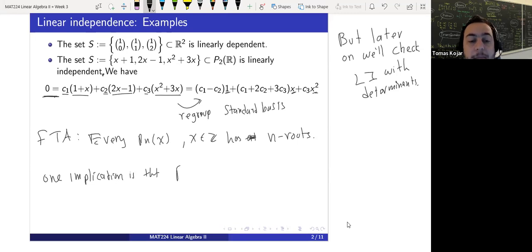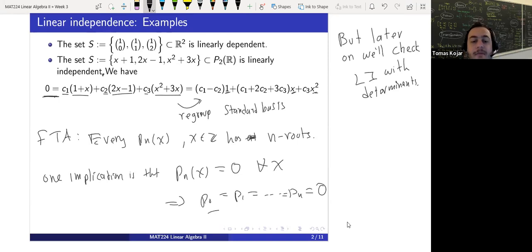So one implication of this is that Pn equaling 0 for all x implies that the coefficients of the polynomial are all 0. Okay, 0 coefficients. Because it cannot have more than n roots.